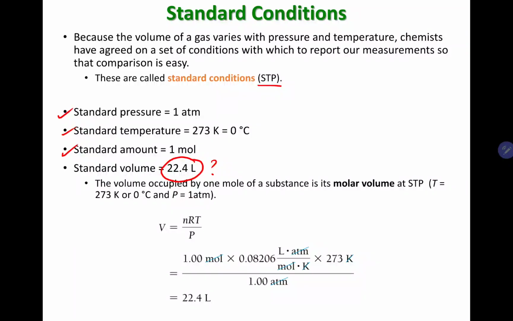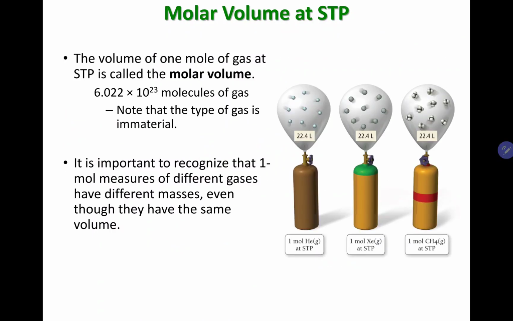If you plug everything that you know into the ideal gas law, the volume you get for a gas is 22.4 liters. This 22.4 liters is known as the standard volume of a gas. Remember, the standard volume is obtained by using the pressure, temperature, and the amount of a gas, so the type of gas is not important for the standard volume, or the molar volume, of a gas.